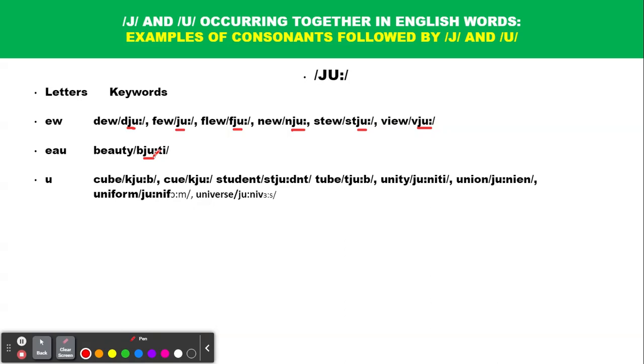And that brings us to the letter U, the letter containing the sound of J and U, as in cube, student, tube, unity, union, uniform, universe.